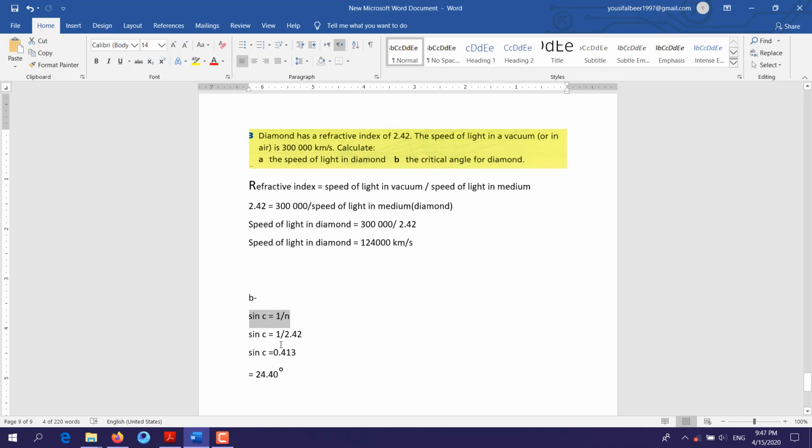Now, 1 over 2.42, the answer will be 0.413. The angle whose sine is 0.413 is equal to 24.40 degrees.